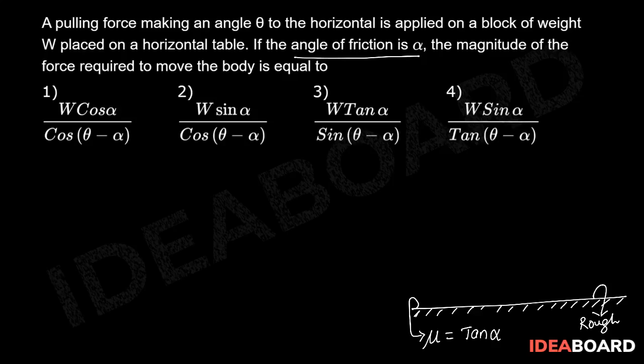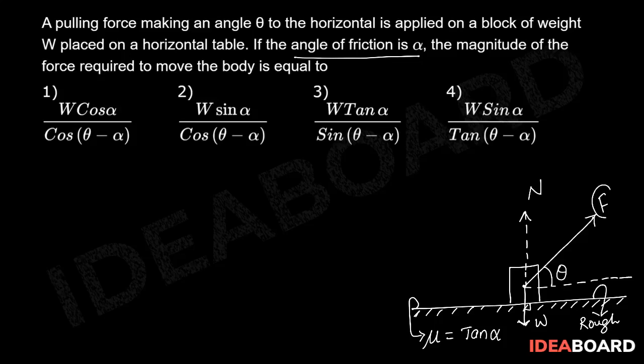Now it is said that a block is placed on this surface whose weight is W, and this block is pulled by a force F, which is making an angle theta with the horizontal. Now if we draw a free body diagram on this block, weight acts vertically downwards and normal reaction force acts vertically upwards.